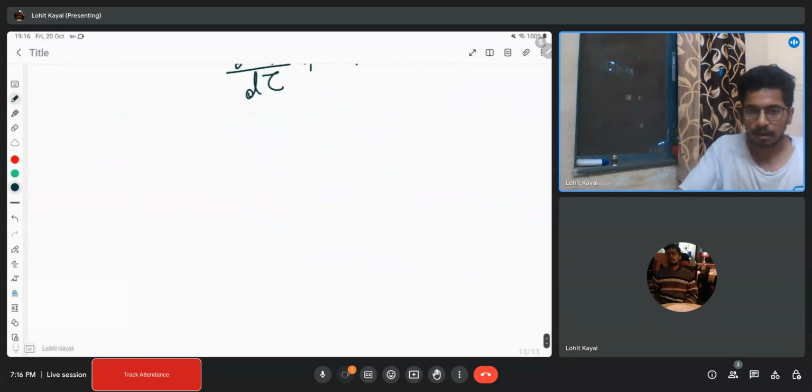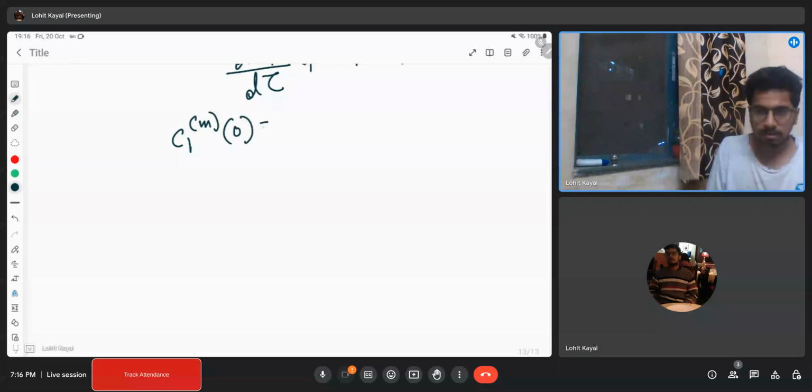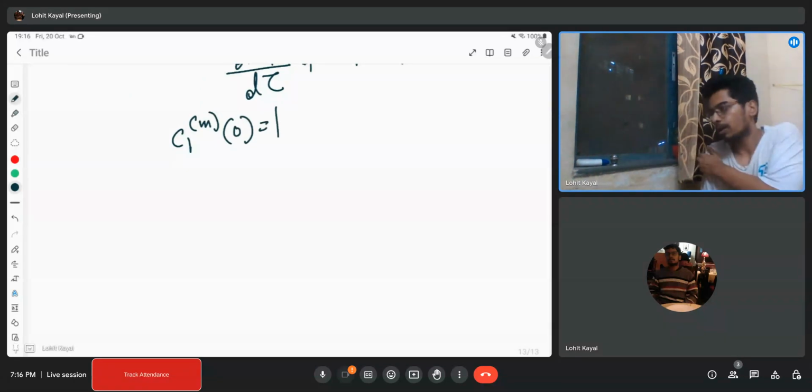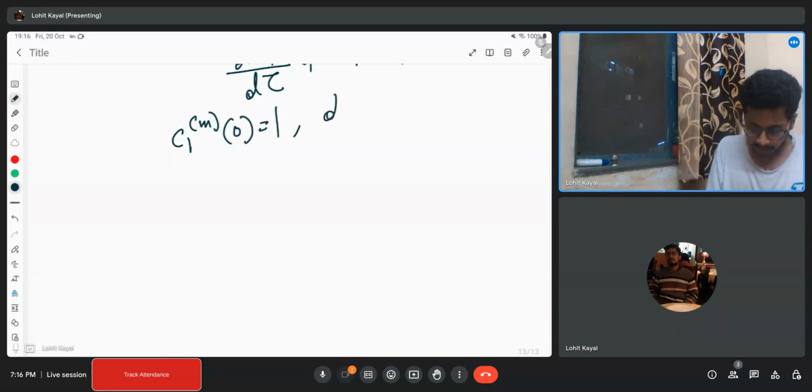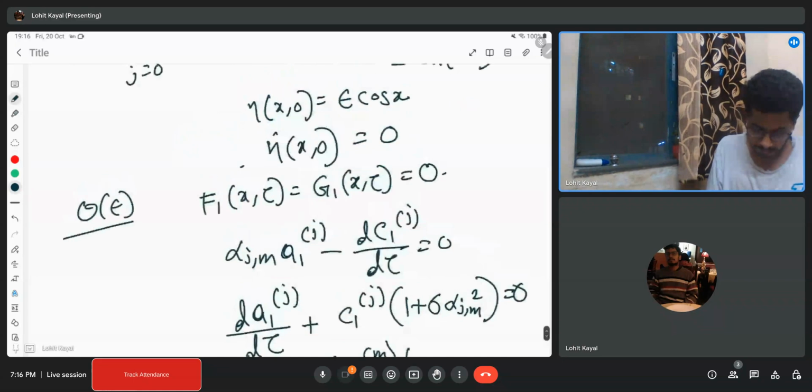Now it has to start with this initial condition that c_1m(0) is equal to 1, because only at the m-th mode there is a value, other values are 0. Similarly, dc_1m/dτ at τ equal to 0 is equal to 0, because the initial velocity has to be 0.